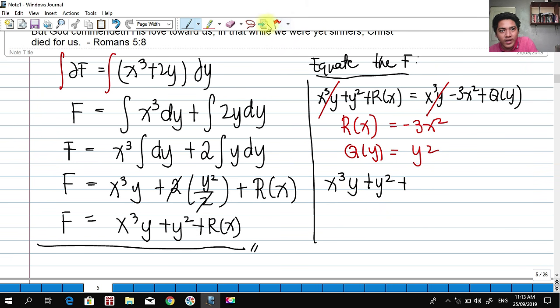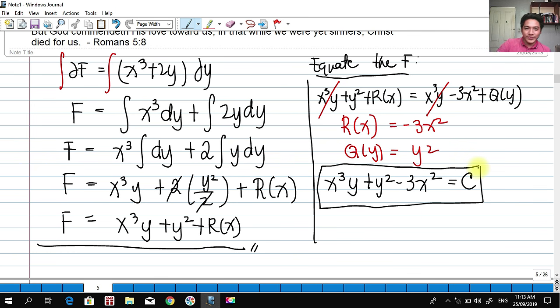R of x, okay? That will become negative because this is negative 3x cubed. So, that would become negative 3x squared, is equal to f, which is equal to c. And this should now be our general equation.